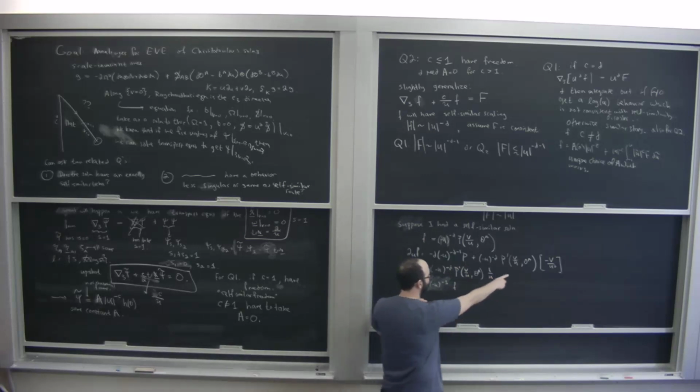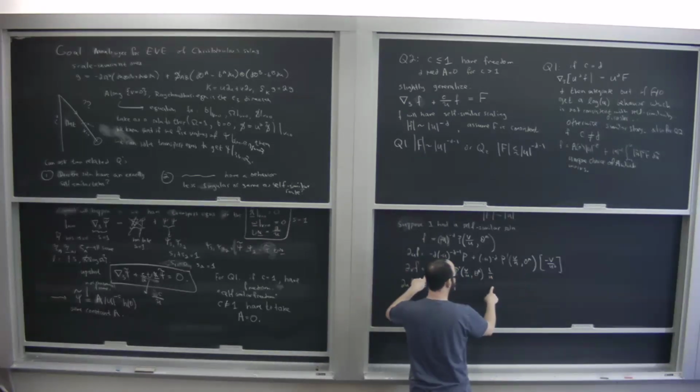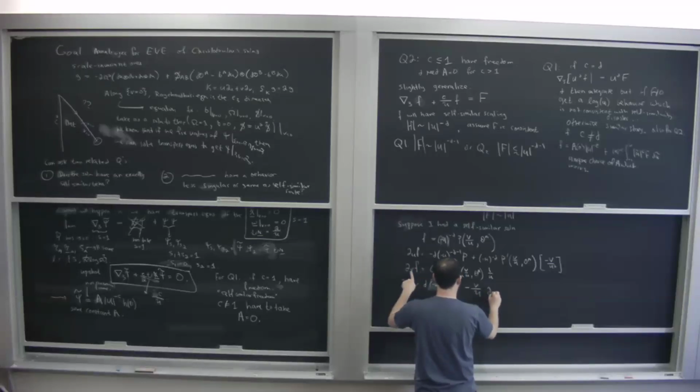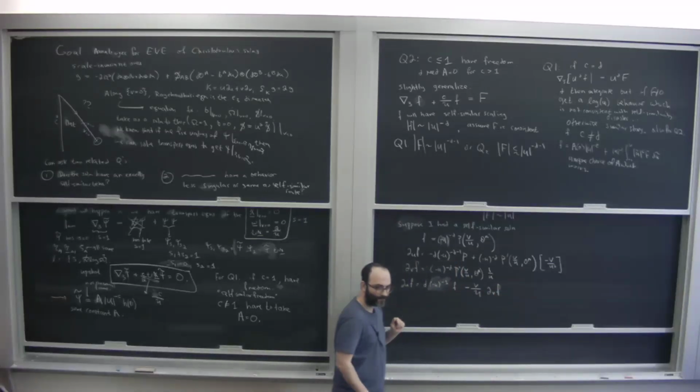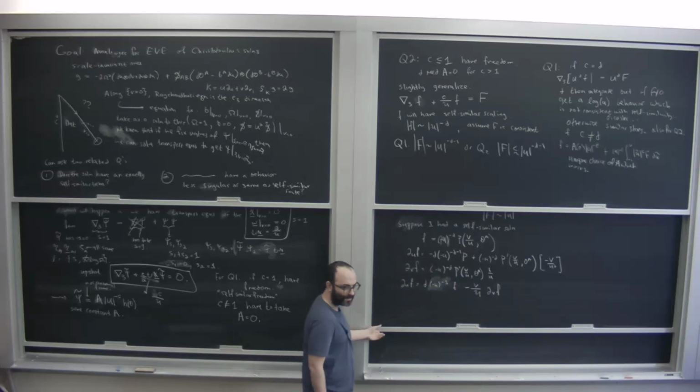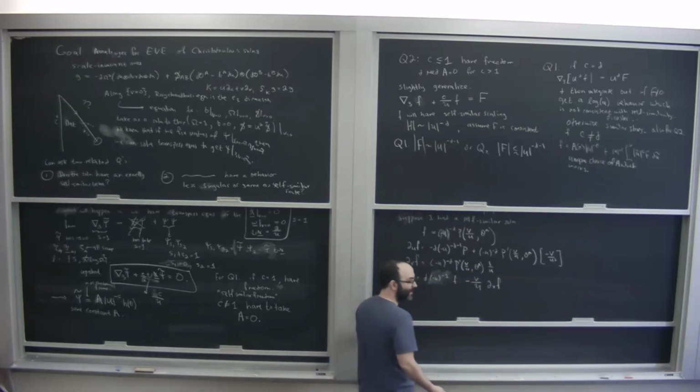And then I get this thing, but I'm going to keep this in mind. So then I'm going to write minus v over u times dv.